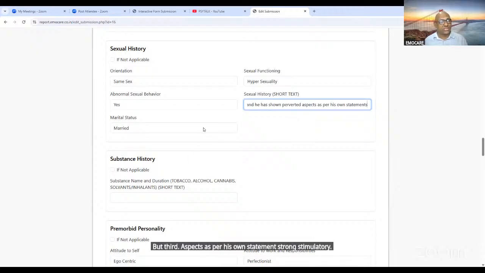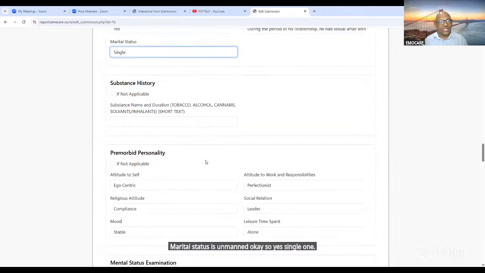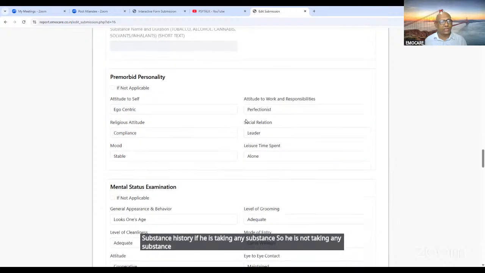And marital status is unmarried. Okay, so he is single only. Substance history, if he is taking any substance, so he is not taking any substance.